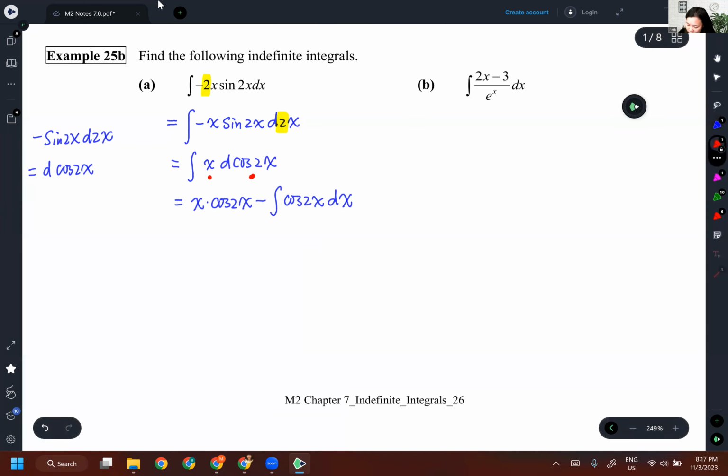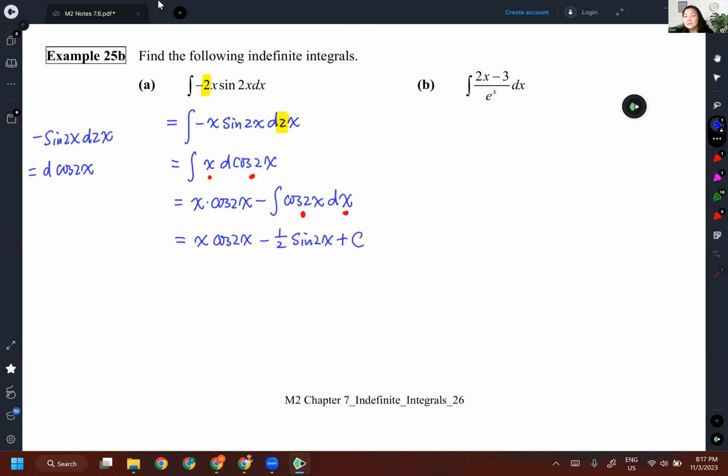Do you see these two switching places? And after switching places, you can see the mixture of the function is gone. It's gone, leaving you only trigonometric function. And then it's done.